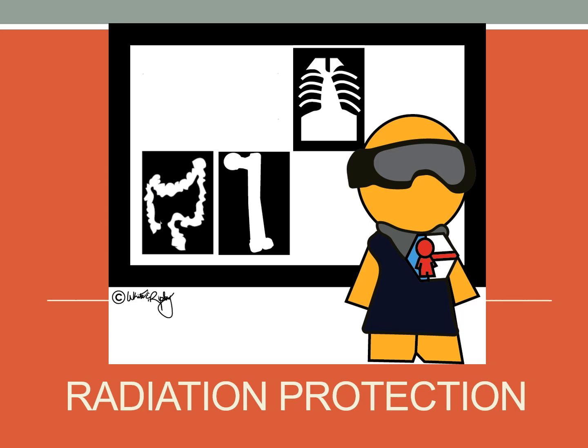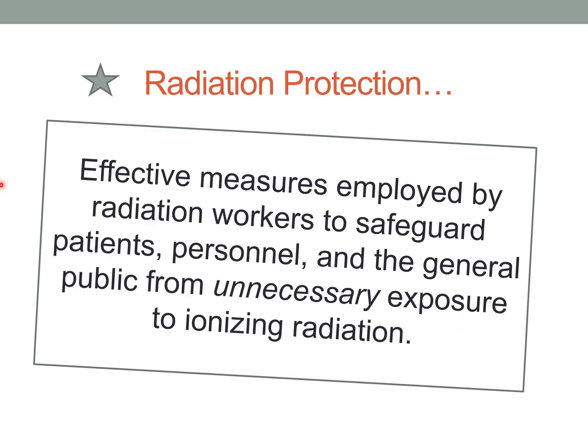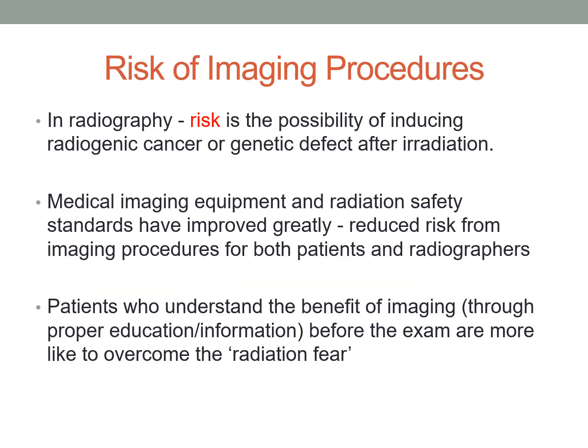Radiation protection, the definition, is effective measures employed by radiation workers to safeguard patients, personnel, and the general public from unnecessary exposure to ionizing radiation. Risk of imaging procedures: in radiography, risk is the possibility of inducing radiogenic cancer or genetic defect after radiation.